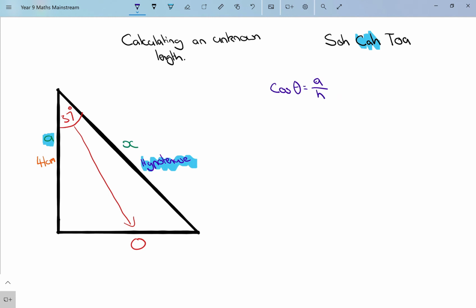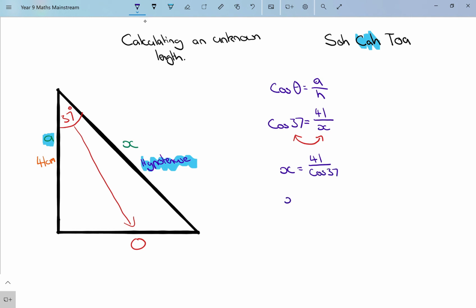So we write our formula of cos theta equals a over h, then we populate it. So cos 37 equals 41 over h, or x. Now again we're on the bottom, so we can just exchange those two. So we get x equals 41 over cos 37.